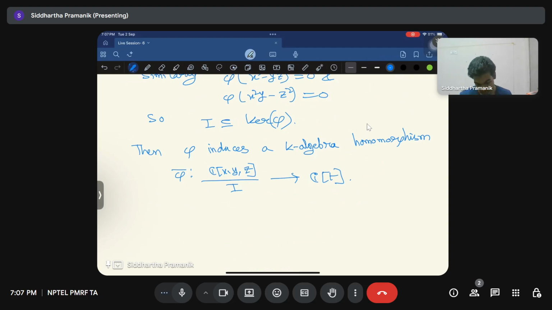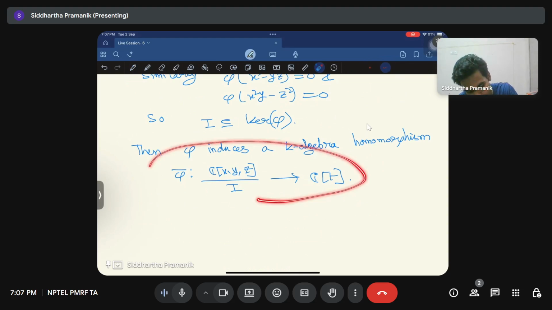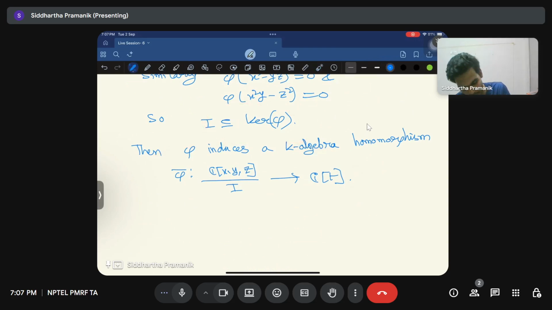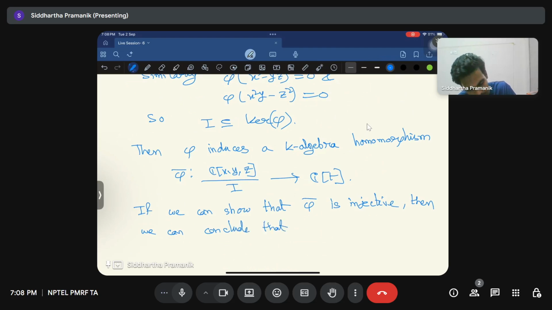Now if we prove that this map is injective, then we conclude that I is the kernel of phi. So if we can show that phi bar is injective, then we can conclude that I is the same as kernel of phi.